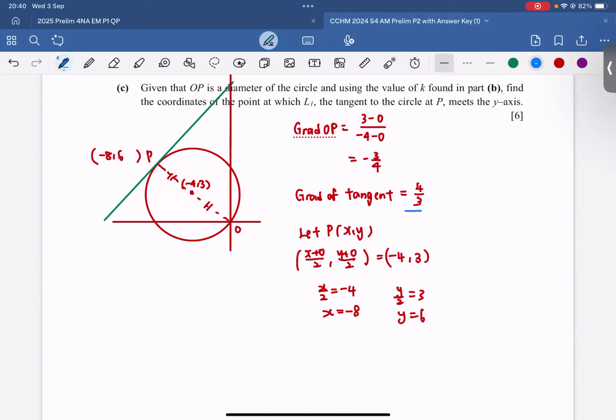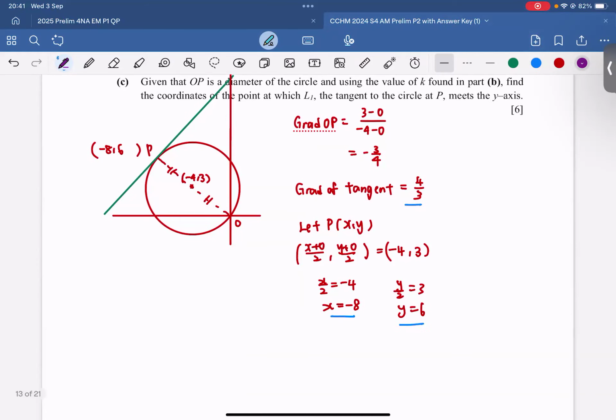Okay, so now I have the gradient, I have the point. I can easily find the coordinate at which they will touch. So we got these two, we can find the equation of the green line already. So equation of tangent: y equals mx plus c, so c equals 6 plus 32 over 3, which is 50 over 3.